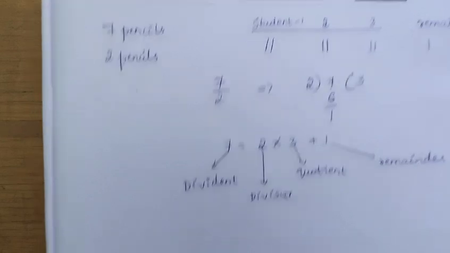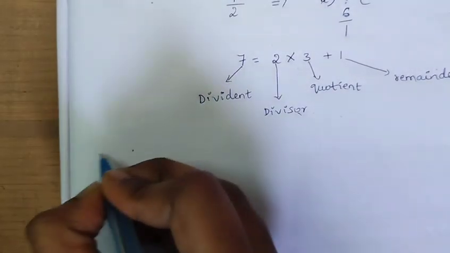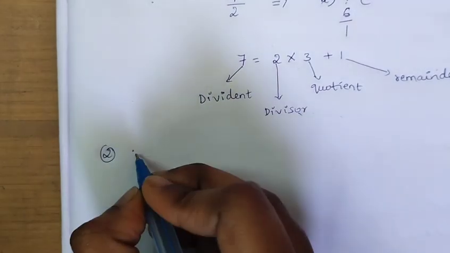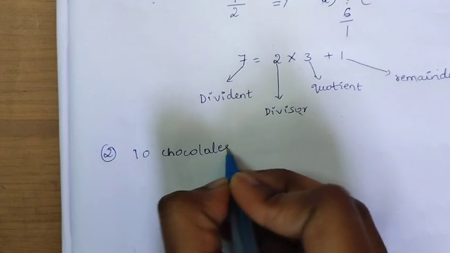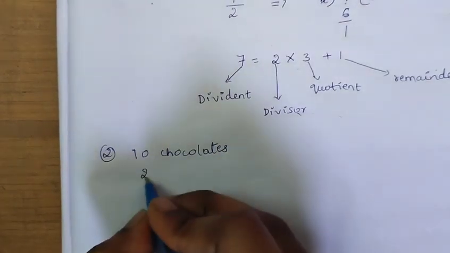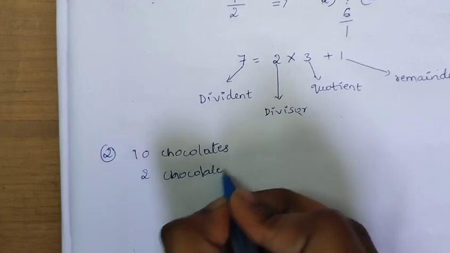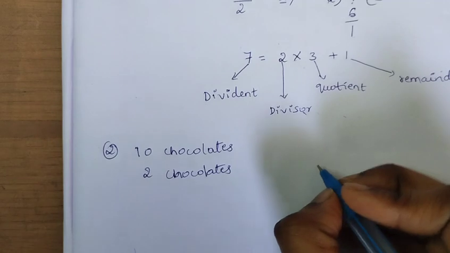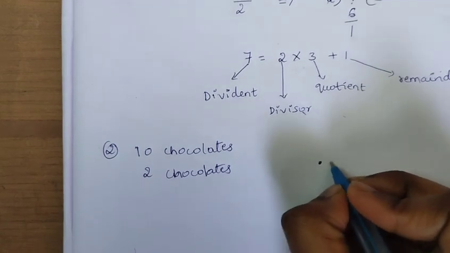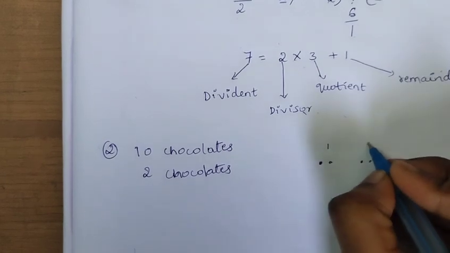Now let us consider one more situation. Assume that you have 10 chocolates. So this is my second situation. And you have to give 2 chocolates to each student. So to how many students can 2 chocolates be distributed? 2 chocolates for student 1, 2 chocolates for student 2.